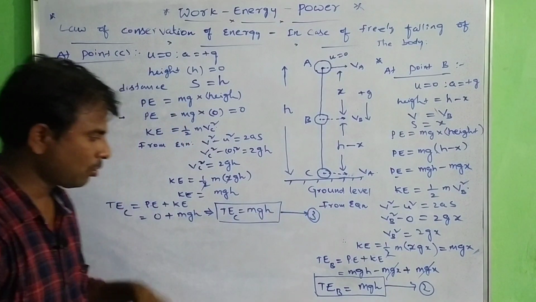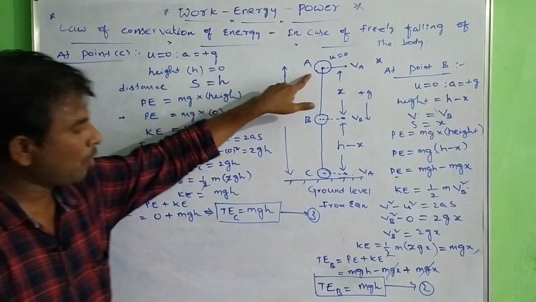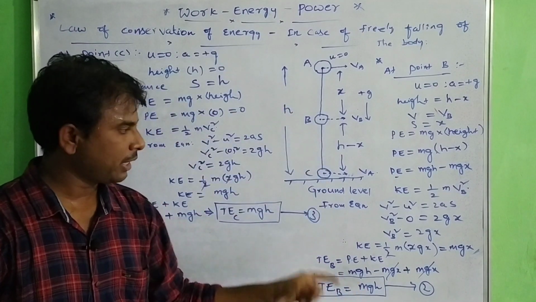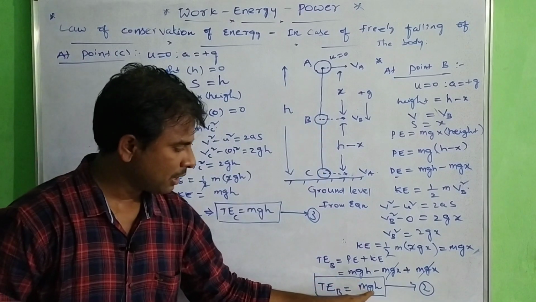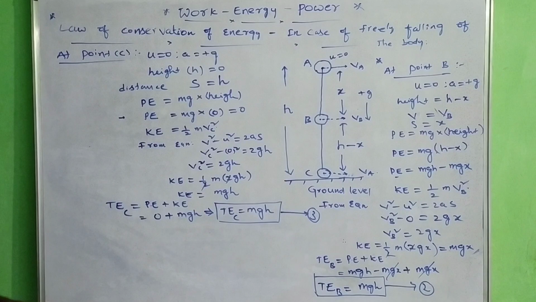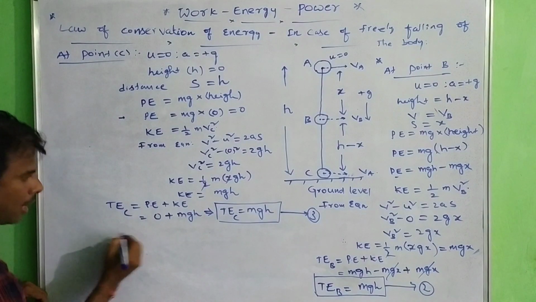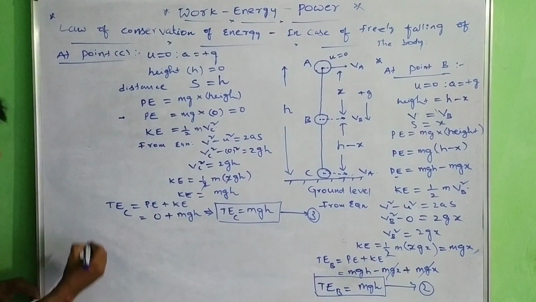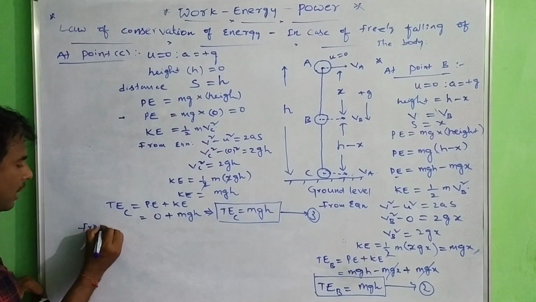First equation: total energy at point A is mgh. Total energy at point B is mgh. Total energy at point C is mgh.